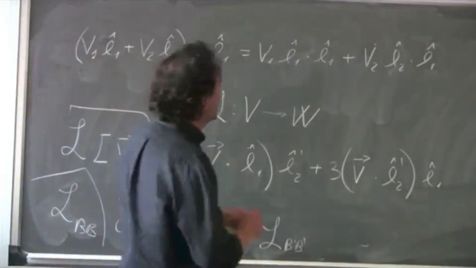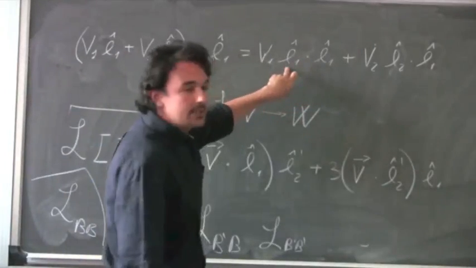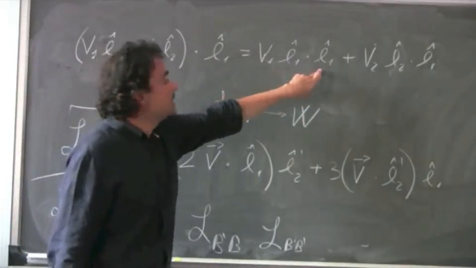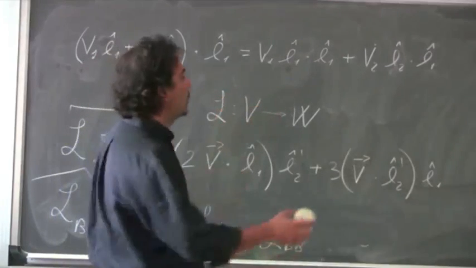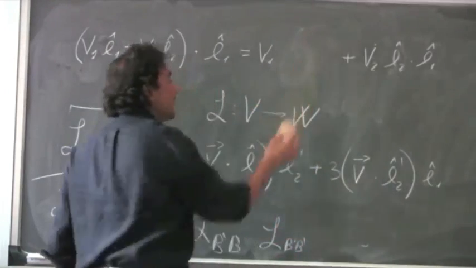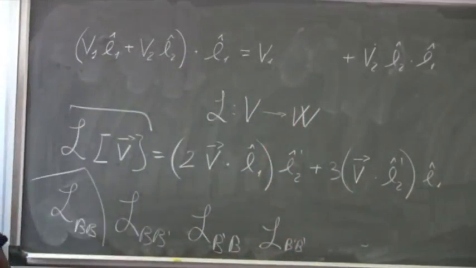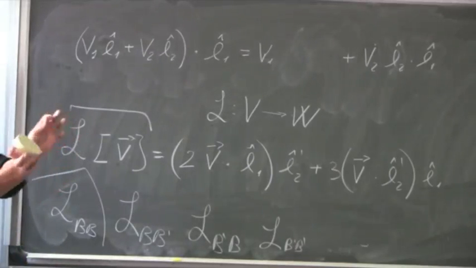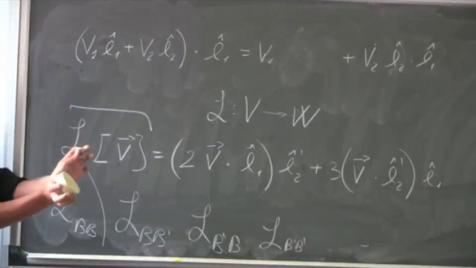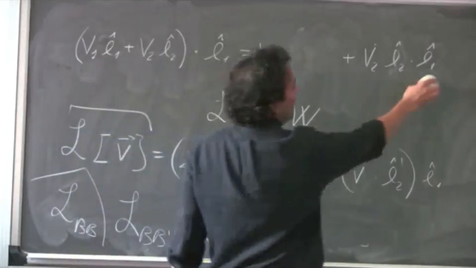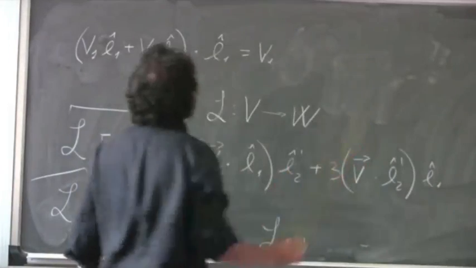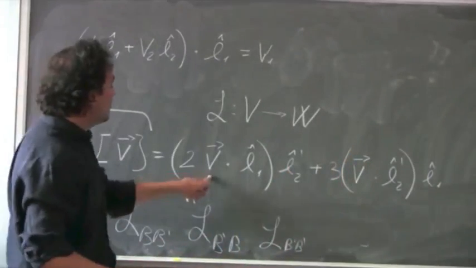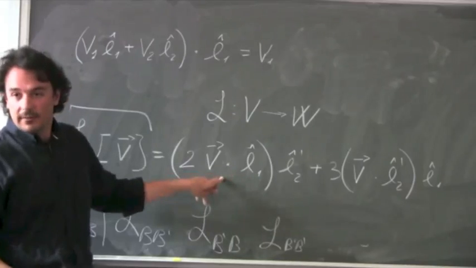But if this vector is unit, this is the square length of the vector. 1 to the power 2 is 1, so this can be cancelled. If the basis is orthogonal, it means that the two vectors are at an angle of 90 degrees. That means that E1 scalar E2 is 0. So it means that V scalar E1 is V1.